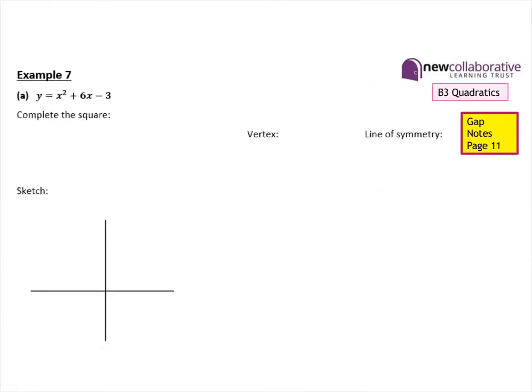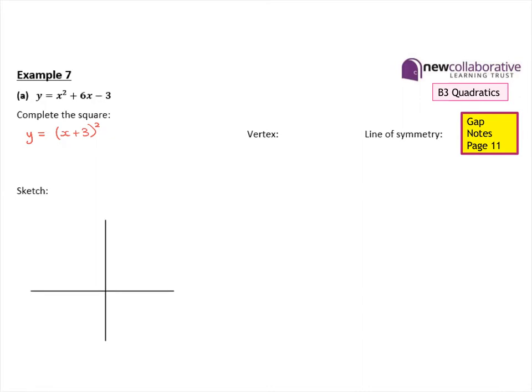So in this example, we will complete the square, and from that we'll be able to see the vertex of the graph and identify the line of symmetry of the graph, and from that we can draw a sketch. So completing the square, we need (x plus 3) squared to begin with.